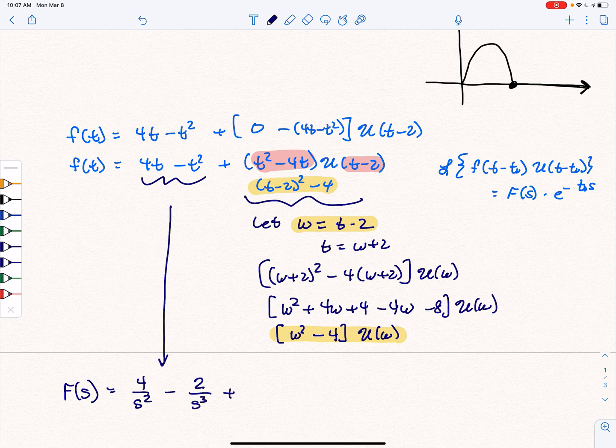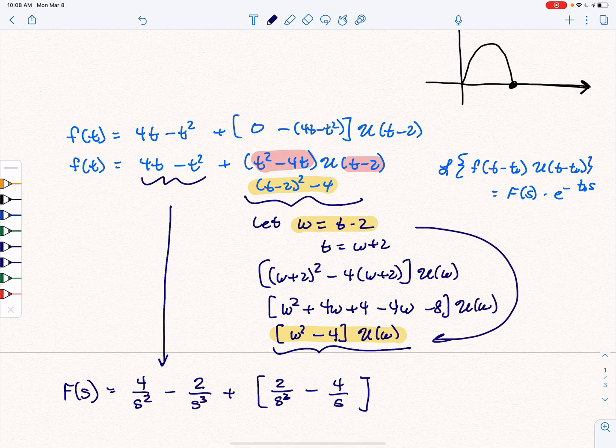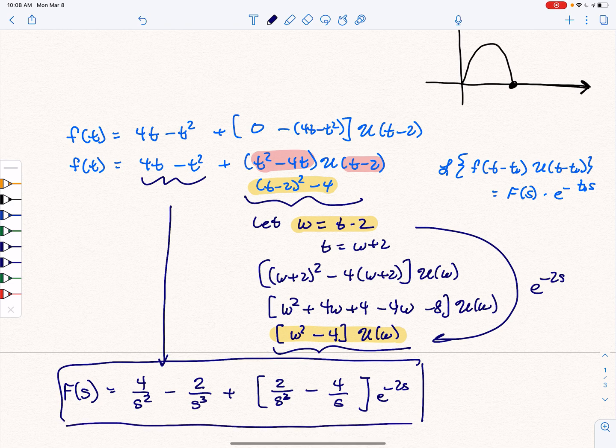And then the Laplace transform of the bracketed function is 2 over s to the third minus 4 over s. And the unit step of w, remembering that it was t minus 2, means that we're going to be multiplying our transform by e to the negative 2s. And that is the transform of our function.